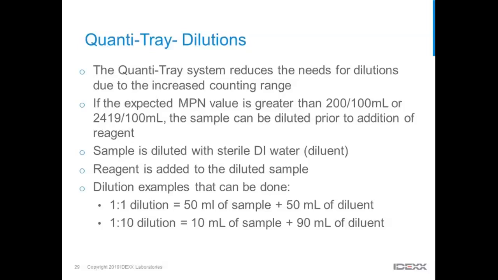So, for example, if you did a 1 to 10 dilution, 10 mL of sample, 90 mL of diluent, and you got an MPN of 344, that means your final result per 100 mL would be 3,440. So you have to remember to apply the dilution correction factor.